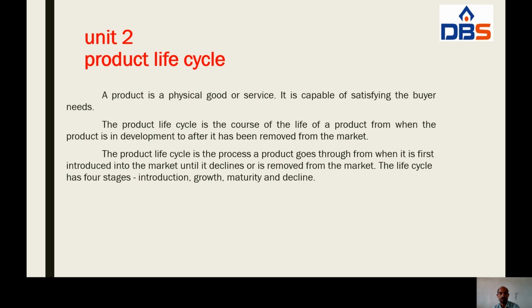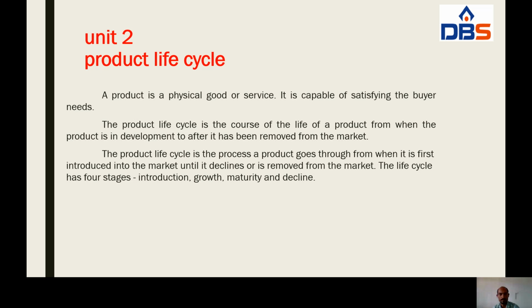A product goes through first being introduced into the market, and declines as it moves out of the market. The life cycle has 4 stages: introduction, growth, maturity, and decline.